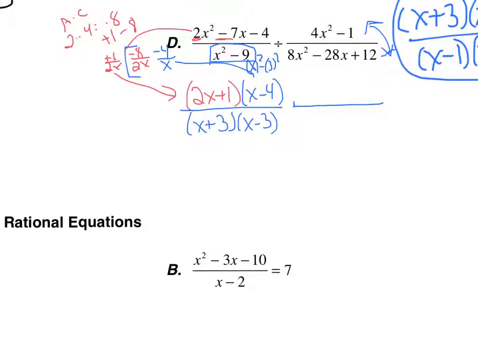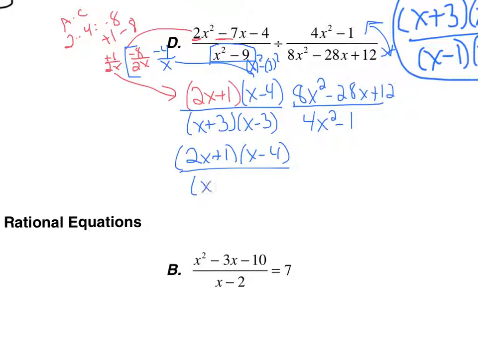So on the top, I have 8x squared minus 28x plus 12. And on the bottom I have 4x squared minus 1. We're going to leave our first fraction the same because it's already factored. And then we're going to look at our second fraction.